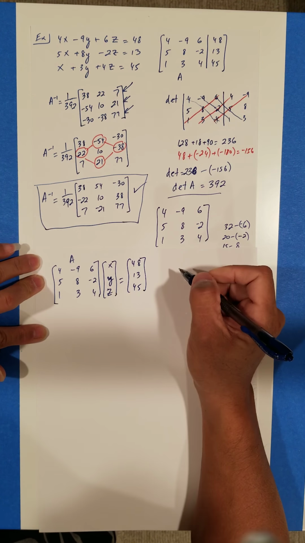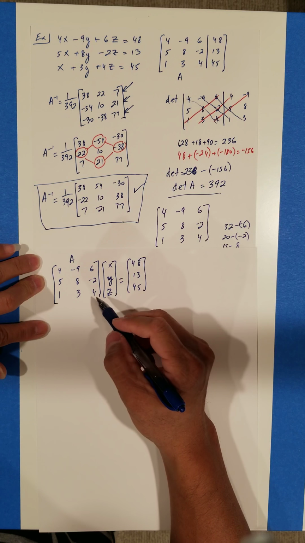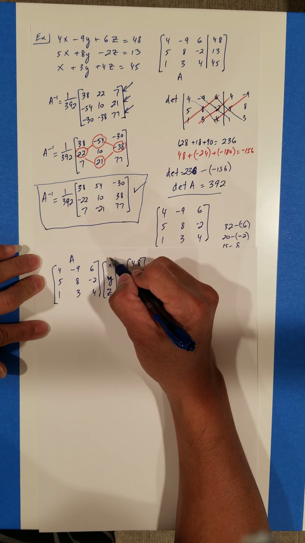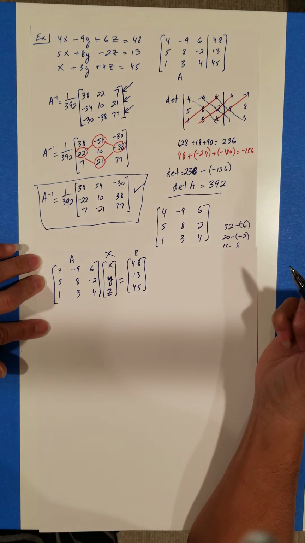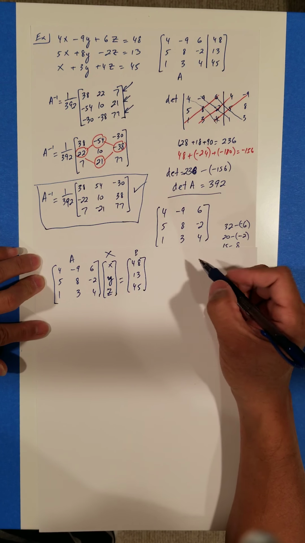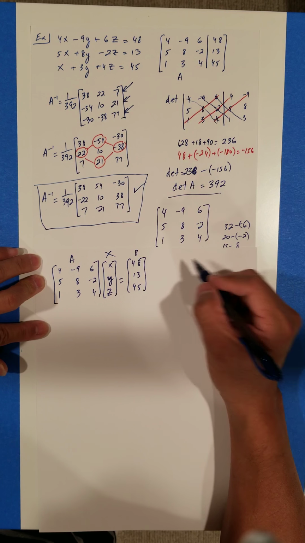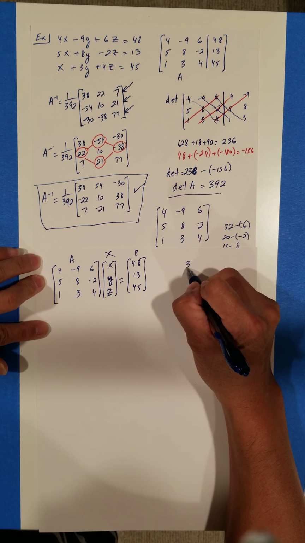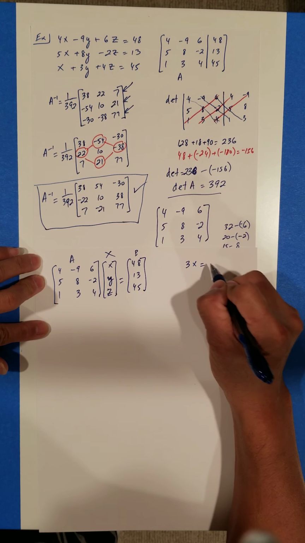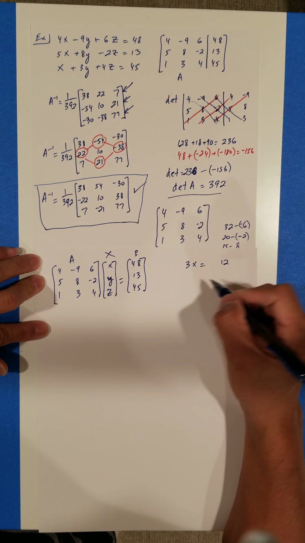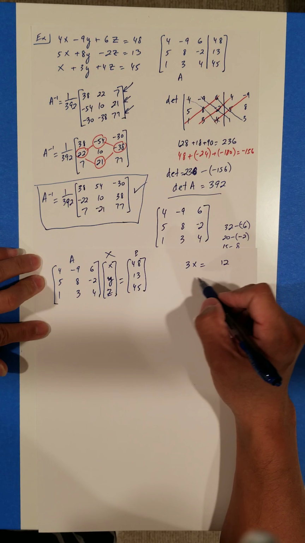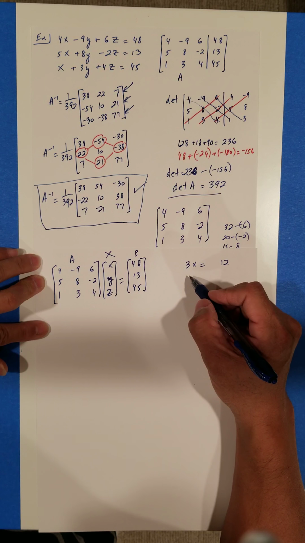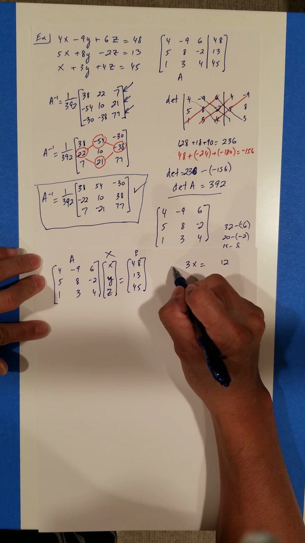So imagine this as, for example, A times x equals b. In basic math, for example, 3x equals 12. If you want to solve this, there's a couple ways, but one method is called finding the inverse of 3. The inverse of 3 is 1/3.